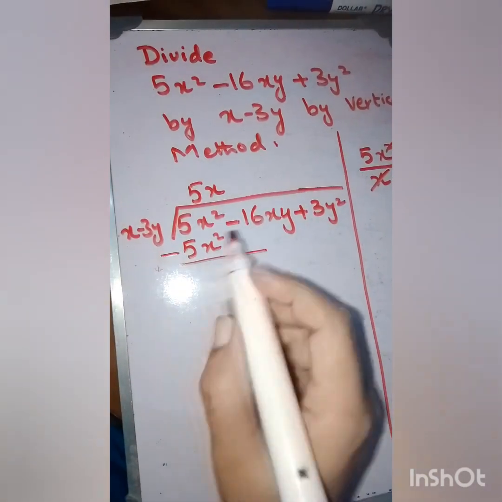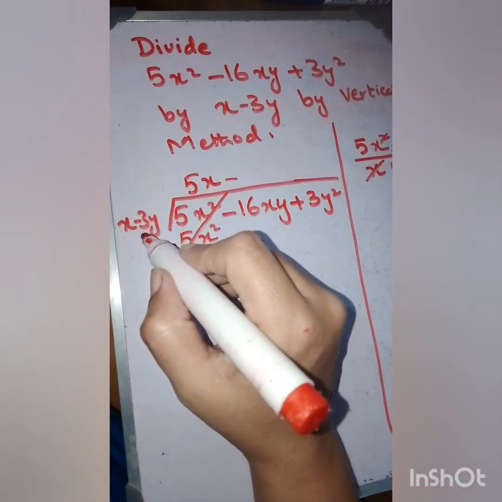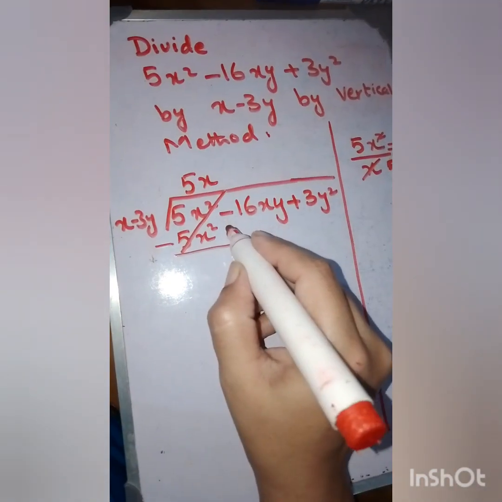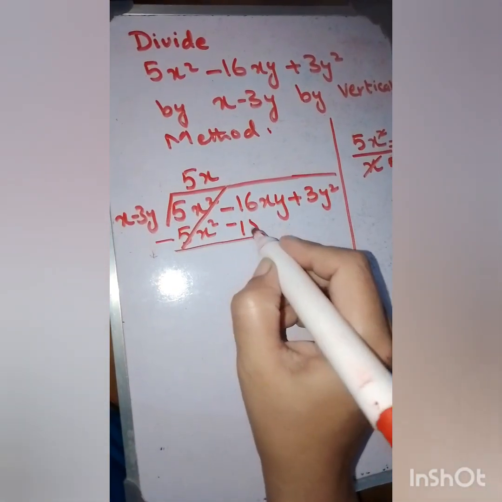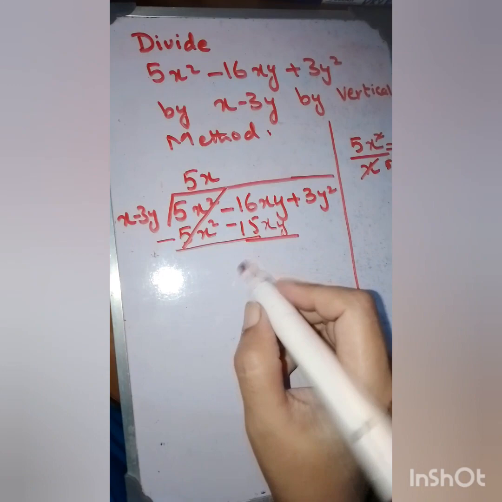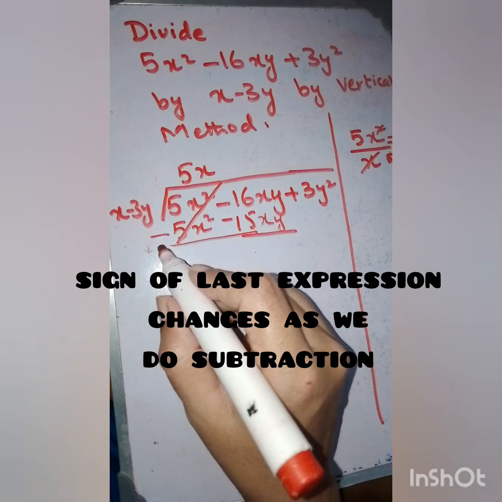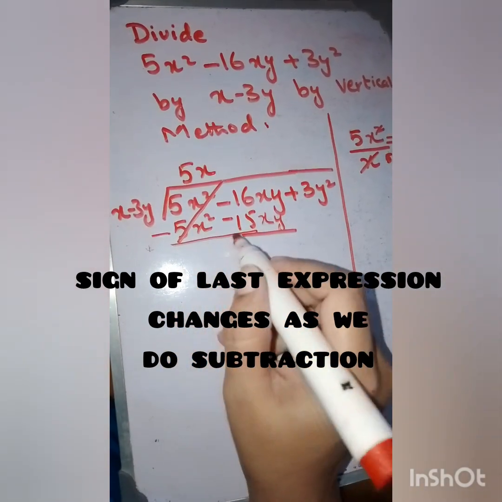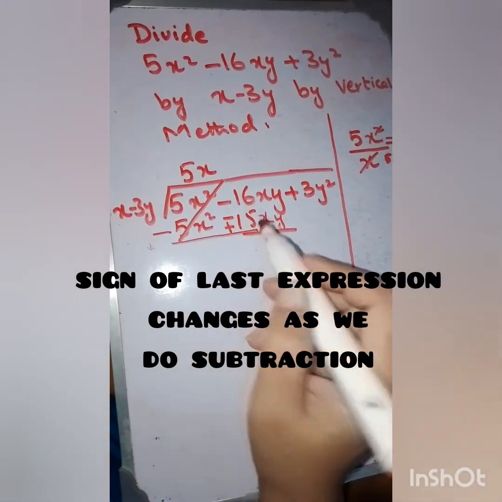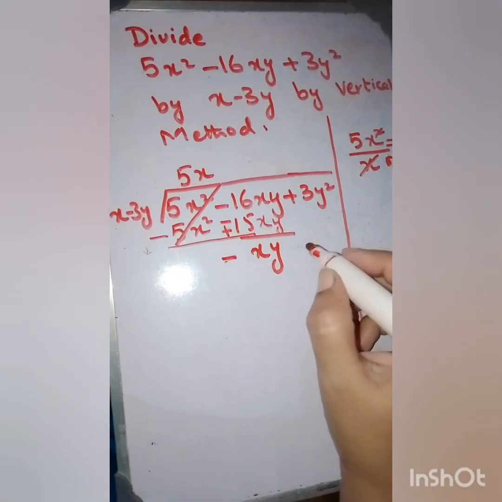So then minus, it will be close, and then minus over here we multiply with the second term of the divisor. 5x multiplied by minus 3y is minus 15xy, and then x multiplied by y will be xy. So what we will do, minus sign over here, you know that very well, when we put a minus over here, then the last term changes its sign. So that was positive, it became negative, negative became positive. So 16xy minus 15xy, it will be negative xy. The rest will remain the same, it will come down.